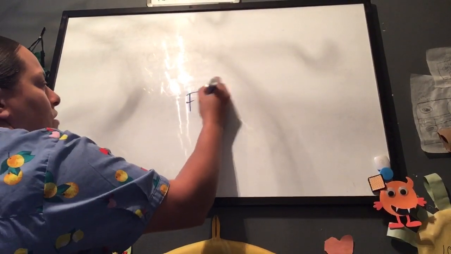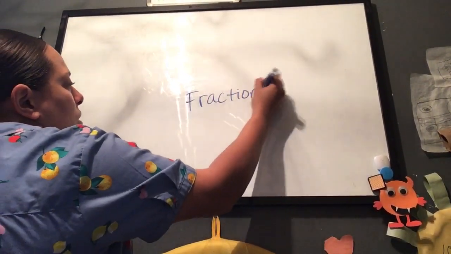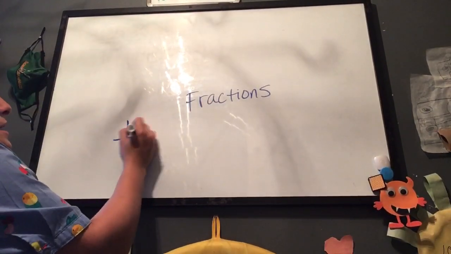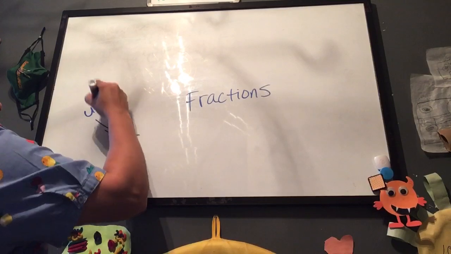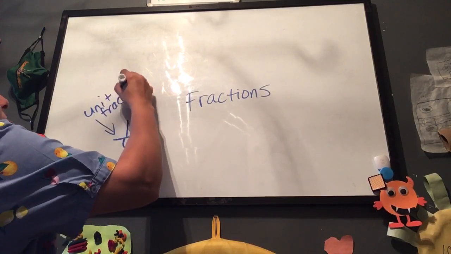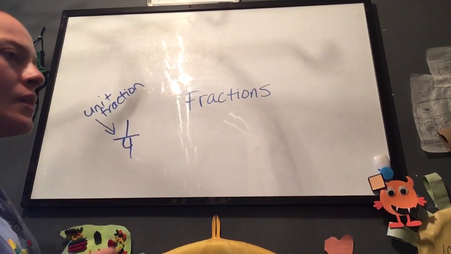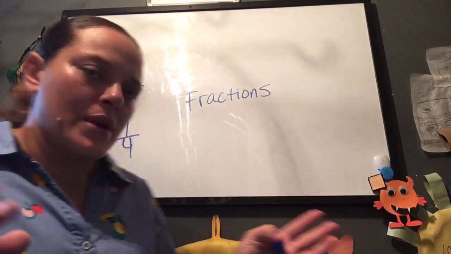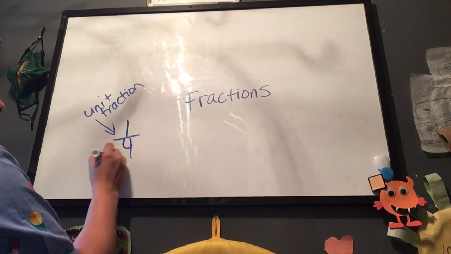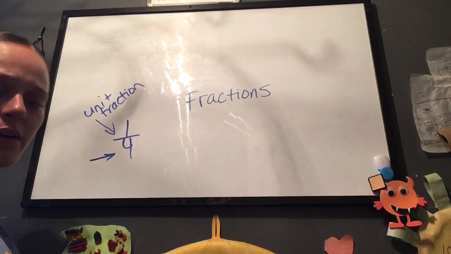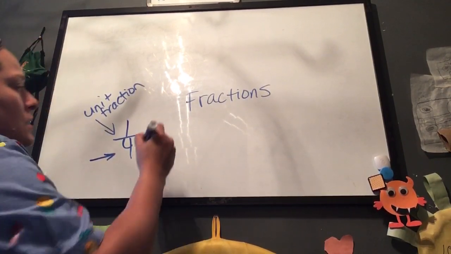So we have fractions. And I want you to visualize, this would be what they often call a unit fraction, which all that means is just like a standard fraction. That's all that pretty much means. Then now we have a mixed fraction.